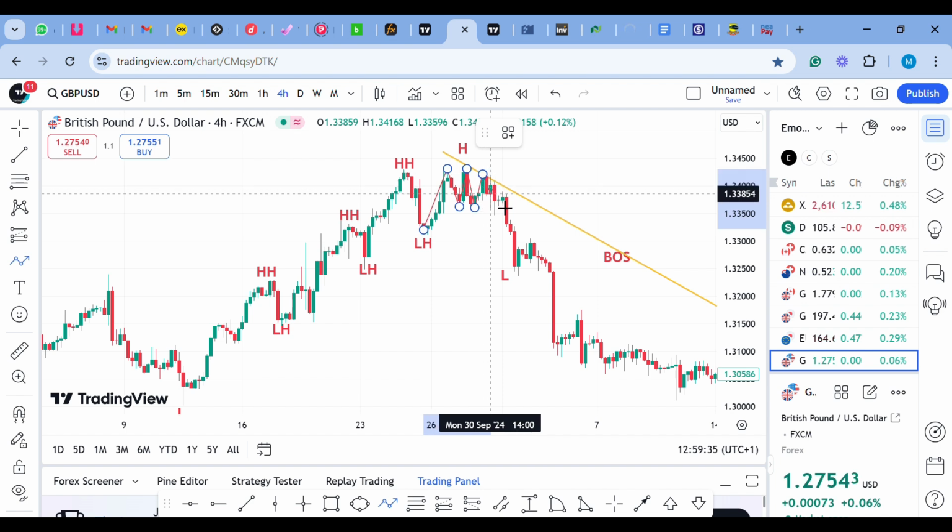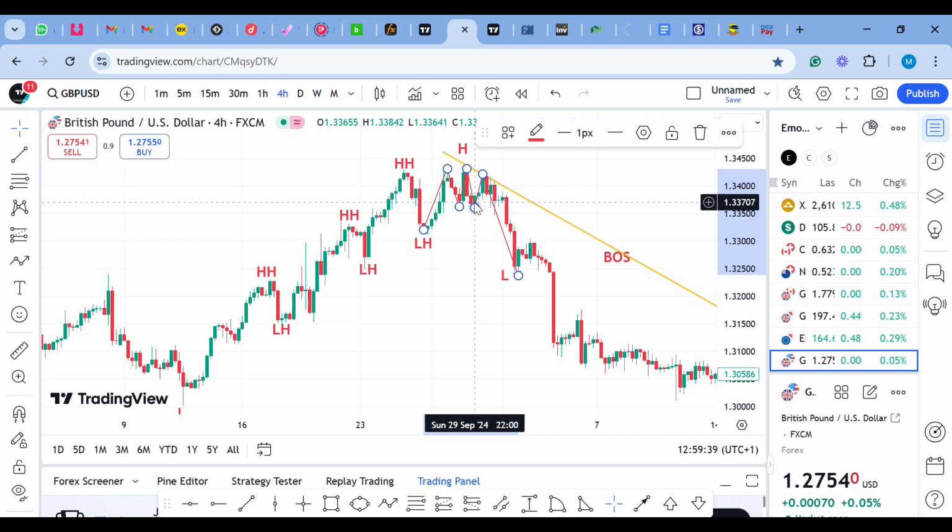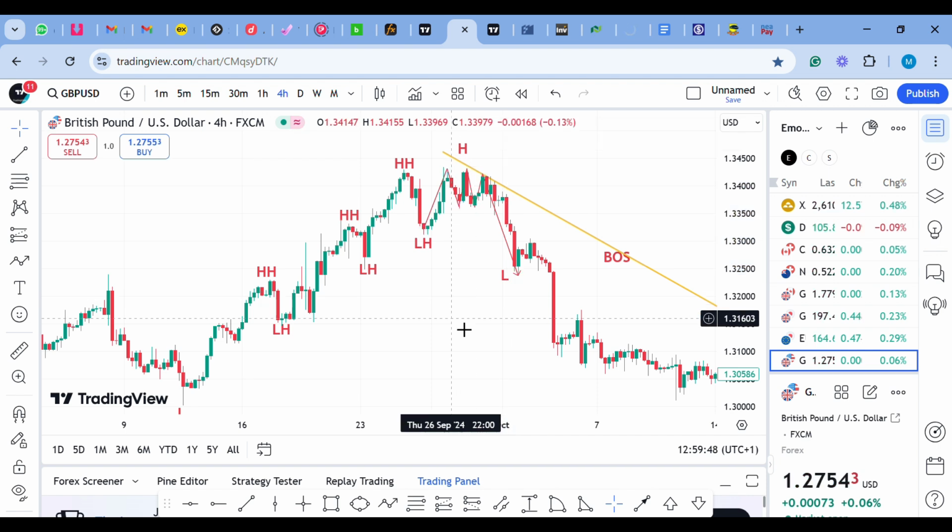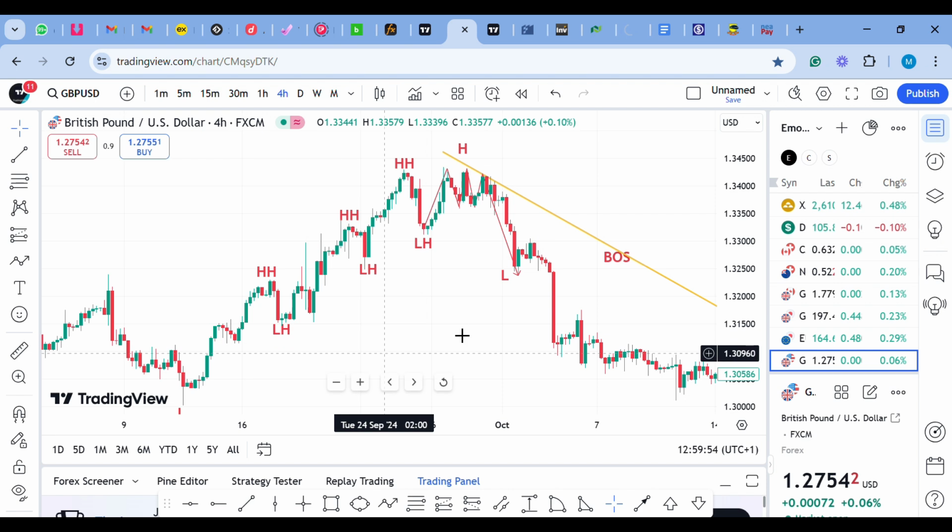Then what do you see next? The market broke this low, then broke this low. Now the market has changed its trend, just as we explained on the textbook template. That's what the market did here. You can see it broke this low it created and broke this low. So this is the equal low.